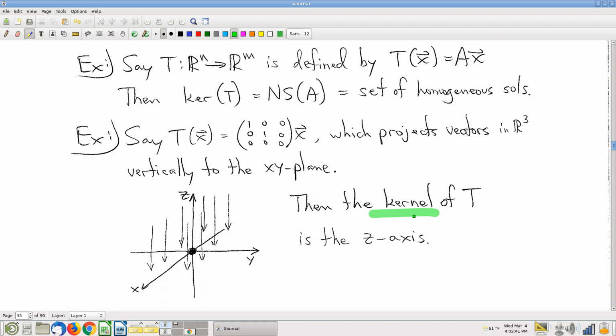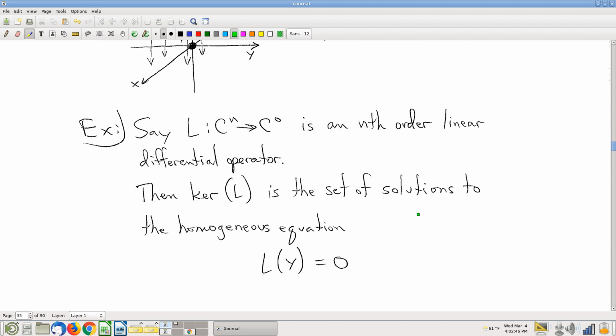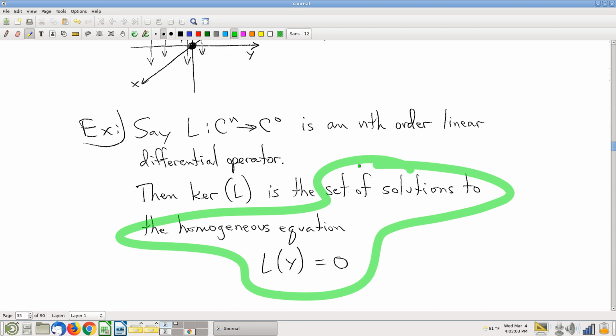Okay. Here's another place where we saw kernel. In effect, we didn't say it that way, of course, but remember, previously, we've talked about this L, the left-hand side of the differential equations, if you will, and we have studied homogeneous differential equations. Well, if you're looking for the set of all solutions to that homogeneous differential equation, well, you're looking for the kernel, right?